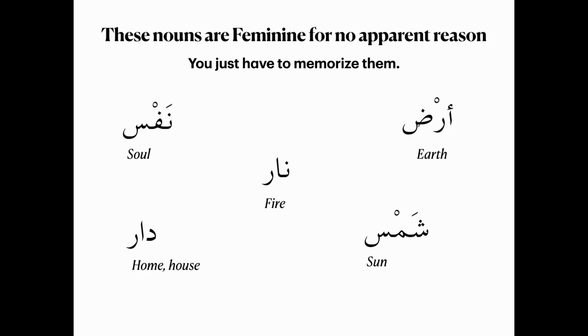The last category of feminine nouns that I want to discuss are nouns that don't have a convention for anything. They're just feminine because you have to memorize them. And yes, there are nouns which look masculine, and in fact do not actually follow the past conventions that we established, but they're still feminine because, right? You just have to remember them.